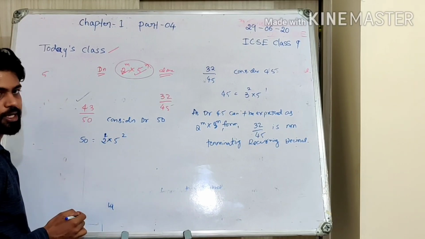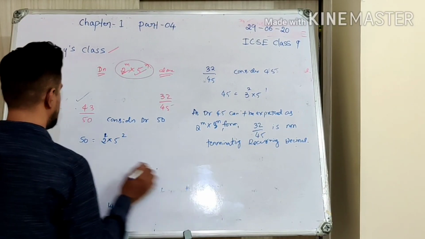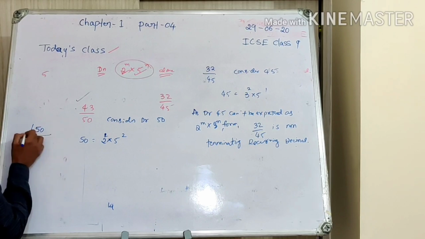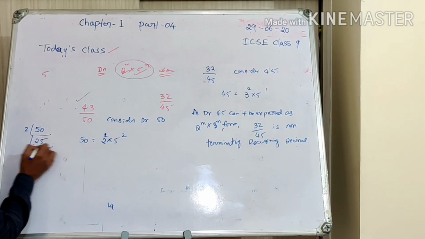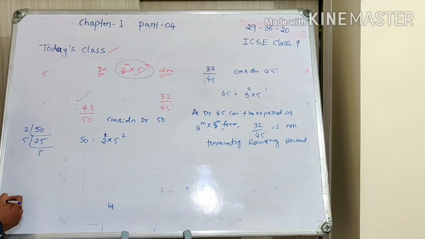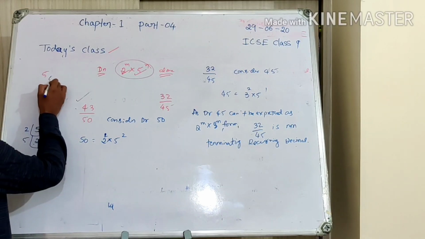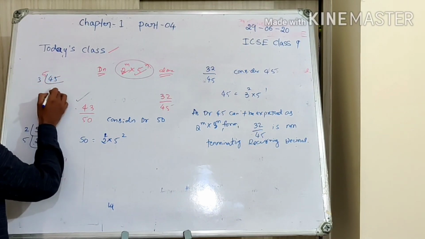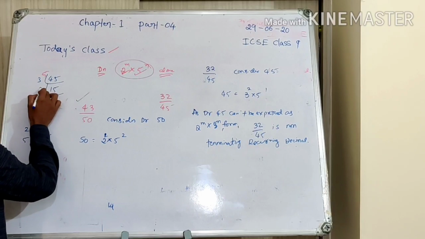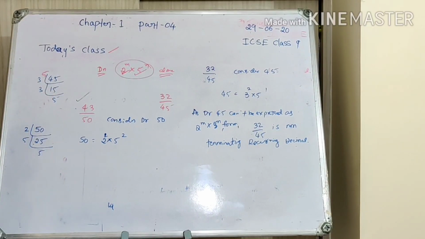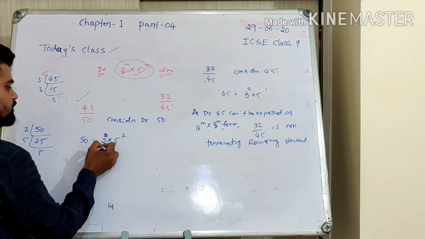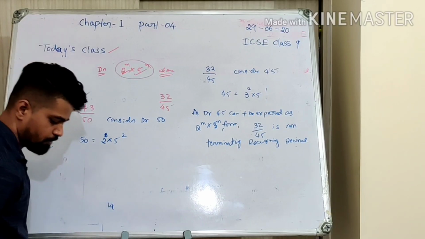That is 25 twos are 50. So those who don't understand, what you can do is this: 2 ones are 2, 25s are 5 ones are 5, 5 fives are 25. Same thing you can do for 45 also. What will you do? 3 15s are 45, 3 5s are 15. So after that you can write. No issues.